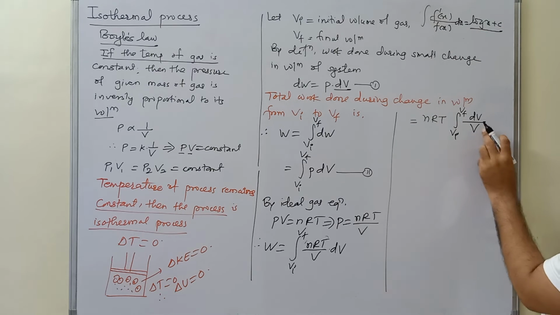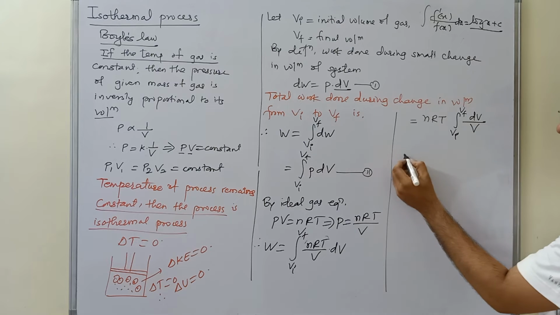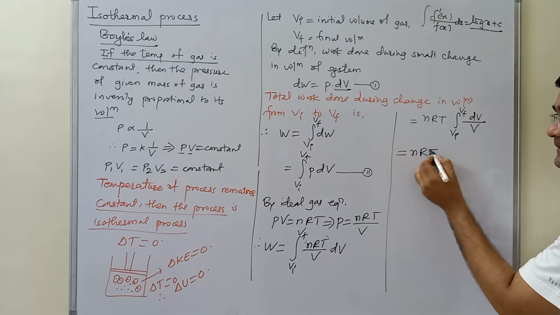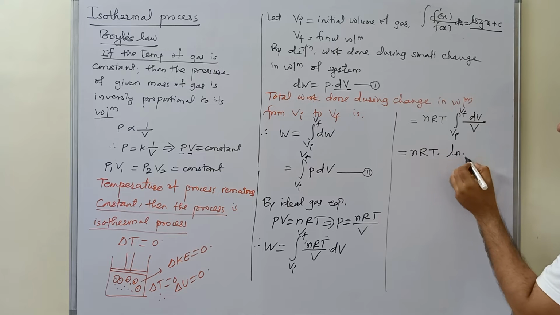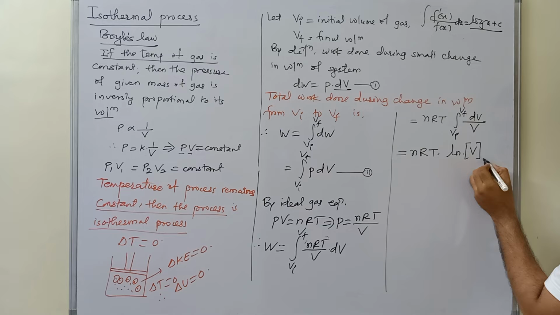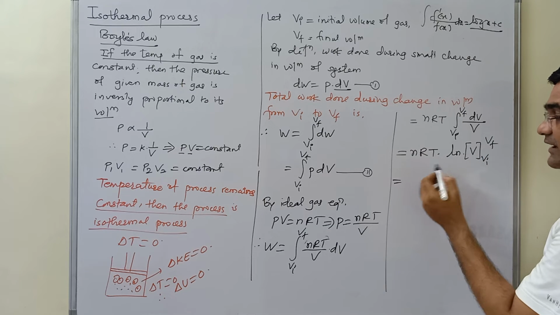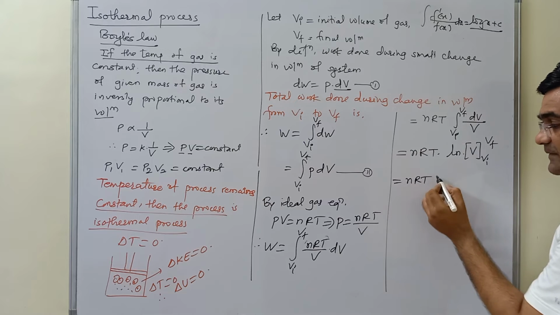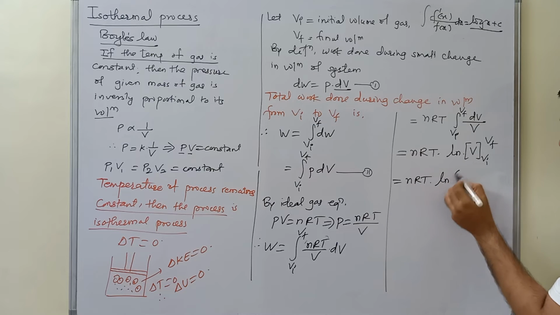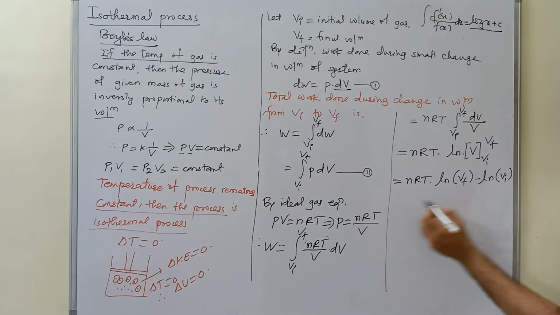So using this, the function v and its derivative in the numerator, we can say nRT into ln of v from Vi to Vf. If I write this properly, nRT into ln Vf minus ln Vi.